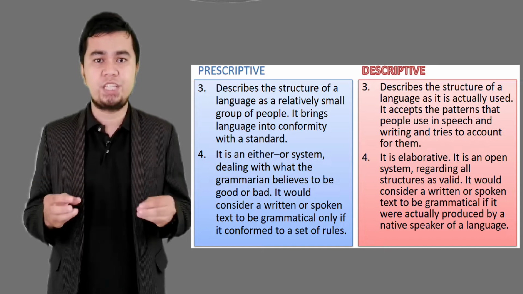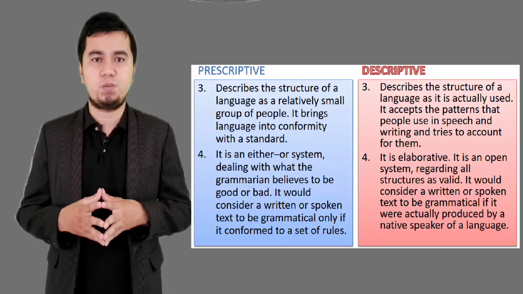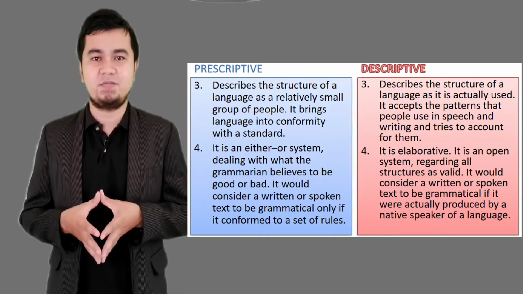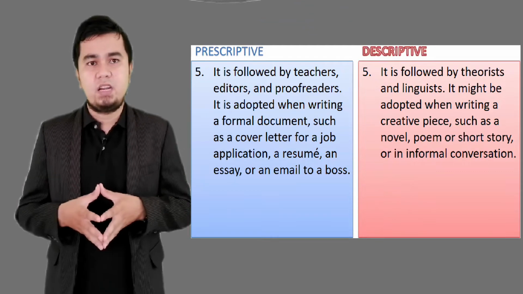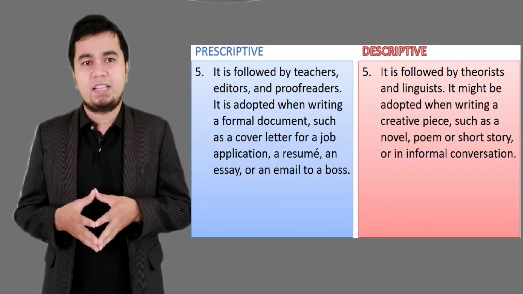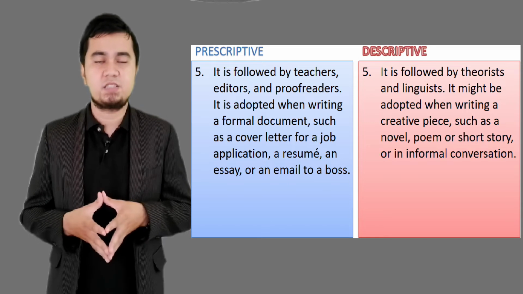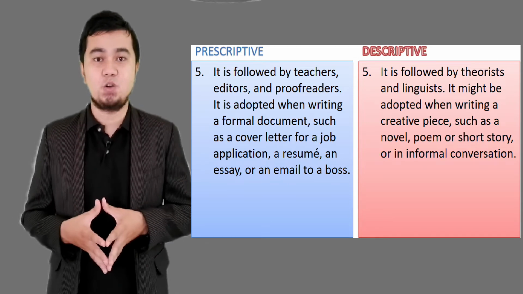So it would consider a written or spoken text to be grammatical if it were actually produced by a native speaker of the language. And finally, the prescriptive grammar is followed by the teachers, the editors, the proofreaders, while the descriptive grammar is followed by the theorists and the linguists.